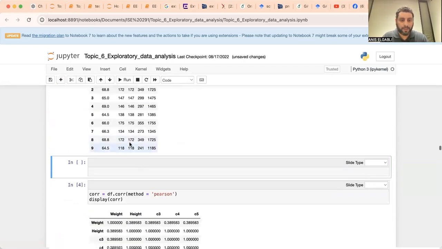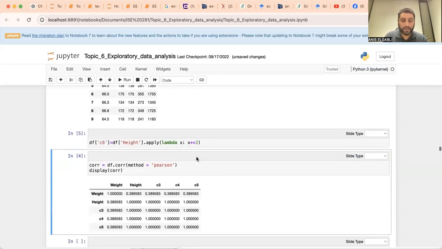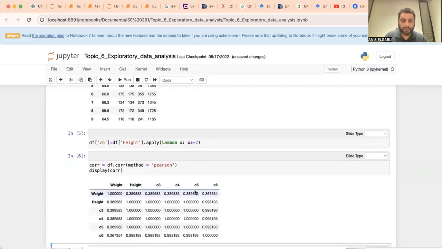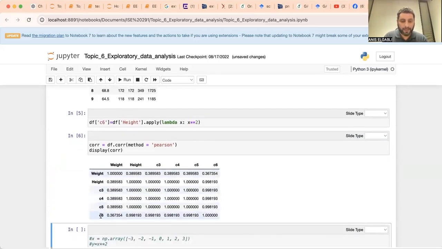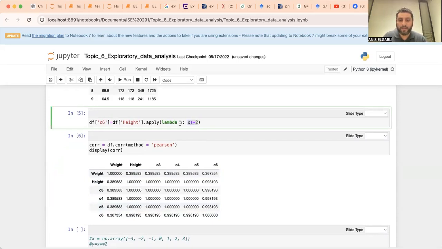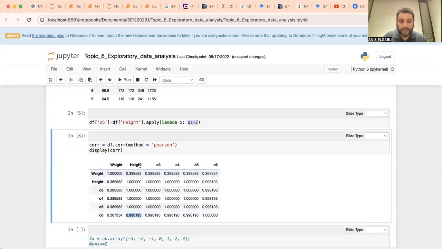Let me create this here, paste it, and let's call this C6. And let me run this. Now this is x squared. So here C6 is equal to the height squared. Though there's no linear dependency, here we are still capturing that there is high correlation between C6 and the height.